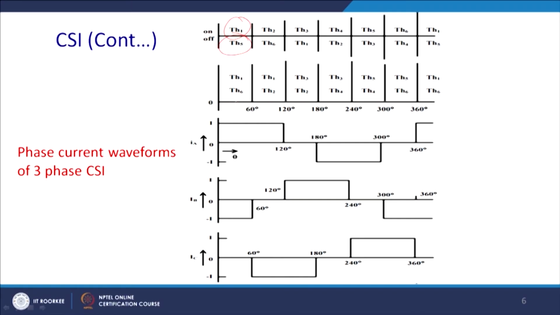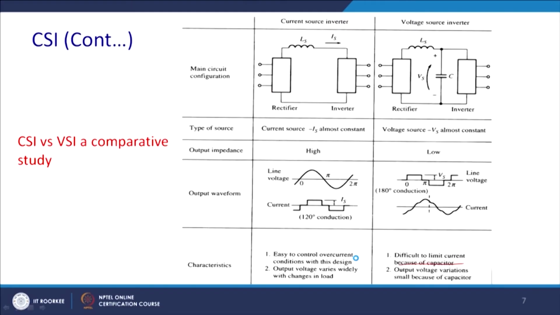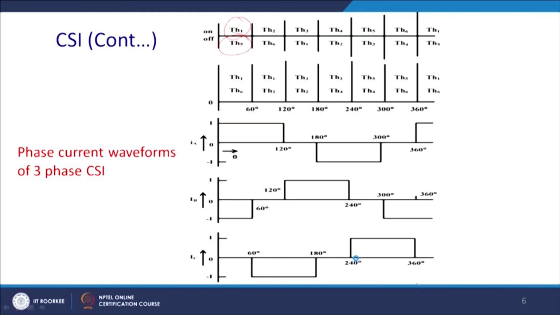TH1 and TH6 will conduct for the 120 degree mode of conduction. So, this is IA, this will be a square wave. This is IB, IC, that will be phase shifted by 30 degree, and I have drawn for current, you require to draw for the voltage RL load.